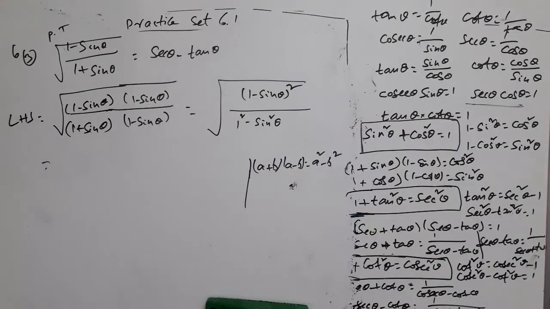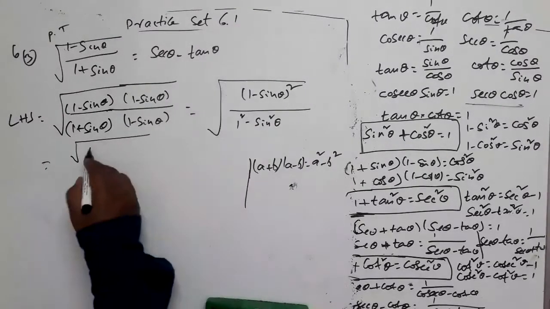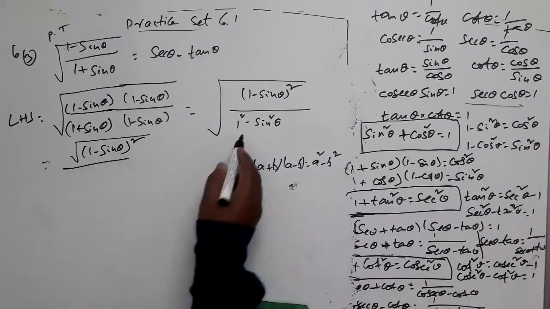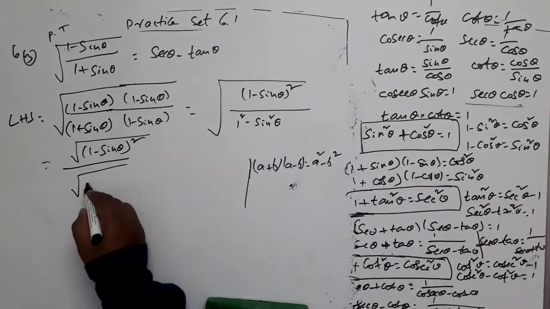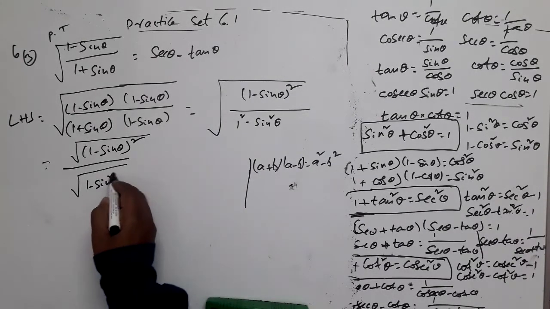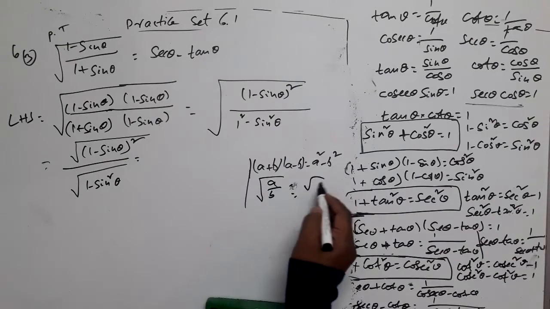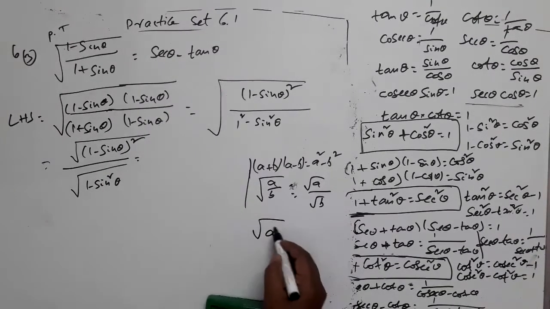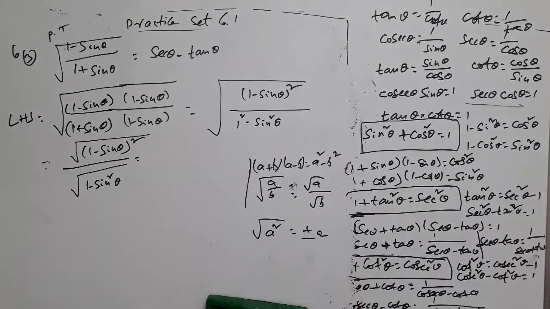Now, this is square root of 1 minus sine theta whole square upon square root of 1 minus sine square theta. If I have root of a by b, can I write it as root a by root b? Yes, I can do that. Now this is square root of a square, which should be written as plus or minus a.